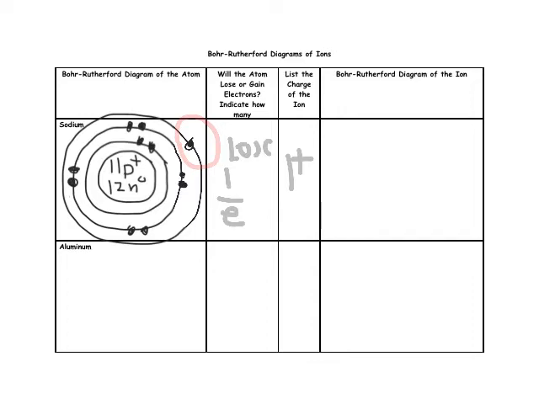The Bohr-Rutherford diagram of the ion is simply drawn to show that the atom has now lost that outer shell with just the one electron and has a full inner shell. So nothing in the nucleus actually changes. So we still have 11 protons and 12 neutrons.